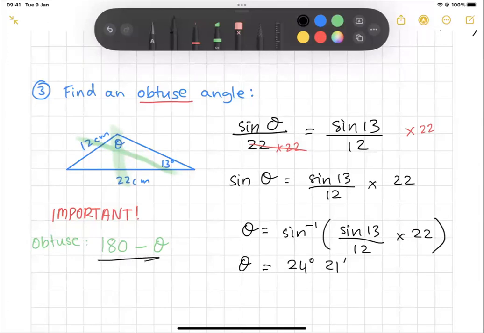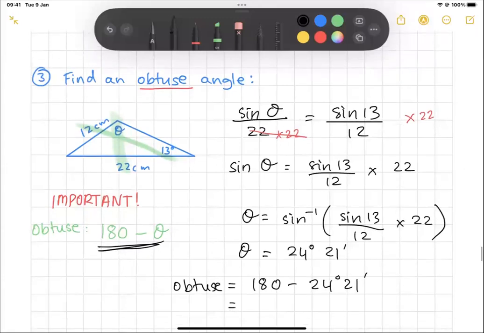So I need to apply this. The obtuse angle equals 180 minus theta, which is 24 degrees and 21 minutes. Put that into your calculator, making sure we have the degrees button for this part, and we should get 155 degrees as my obtuse angle.